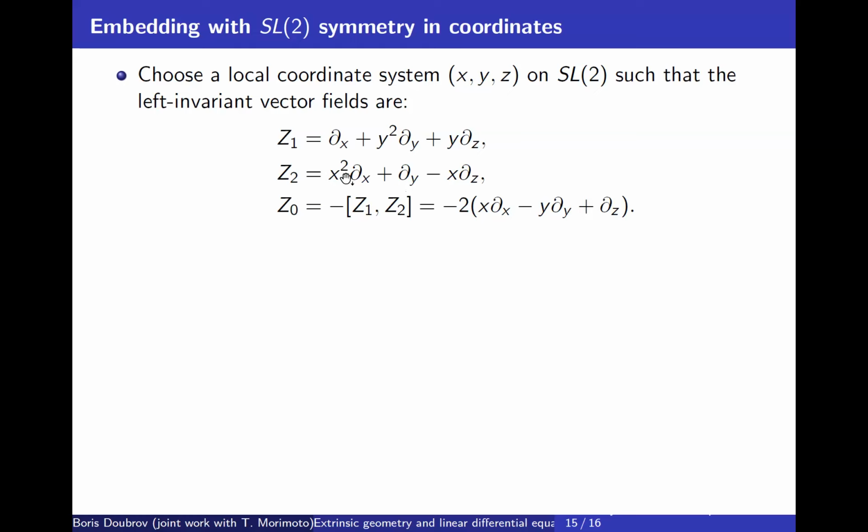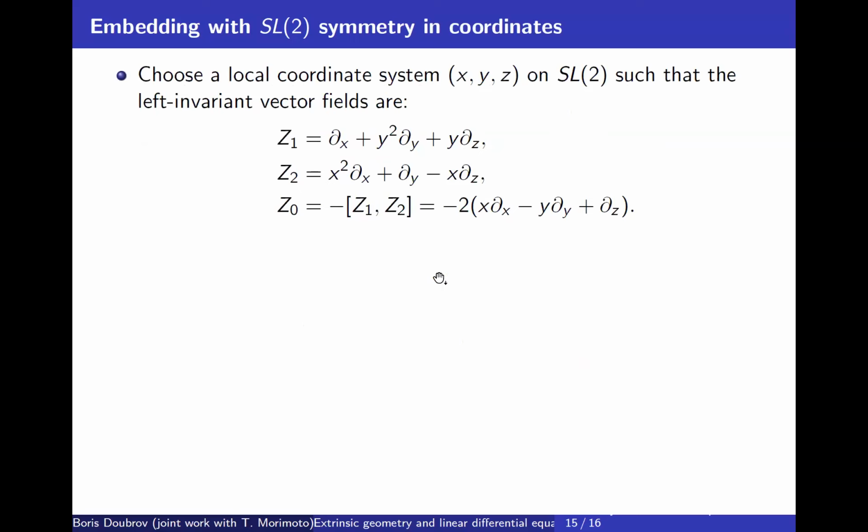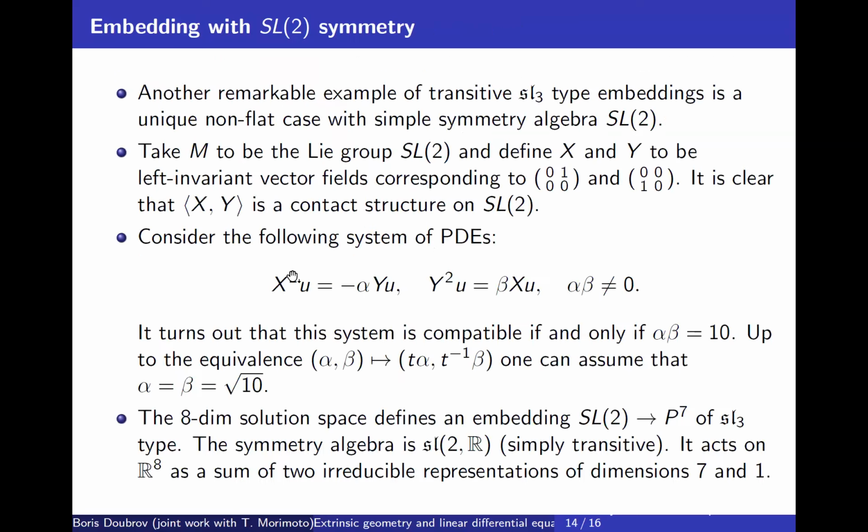These are one of the simplest coordinate representations of the left invariant contact distribution on SL2. If one expands the system explicitly in X, Y, Z coordinates, the resulting system would look extremely ugly. So it's really essential that it's written in terms of left invariant vector fields in this nice form.